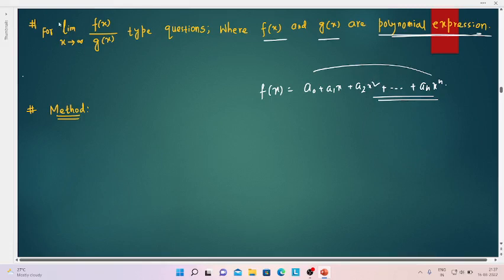I have already discussed this with you, right? So for the limiting value as x extends to infinity of fx by gx, where fx is a polynomial expression and gx is a polynomial expression, how can we find these types of limits? What is the method?